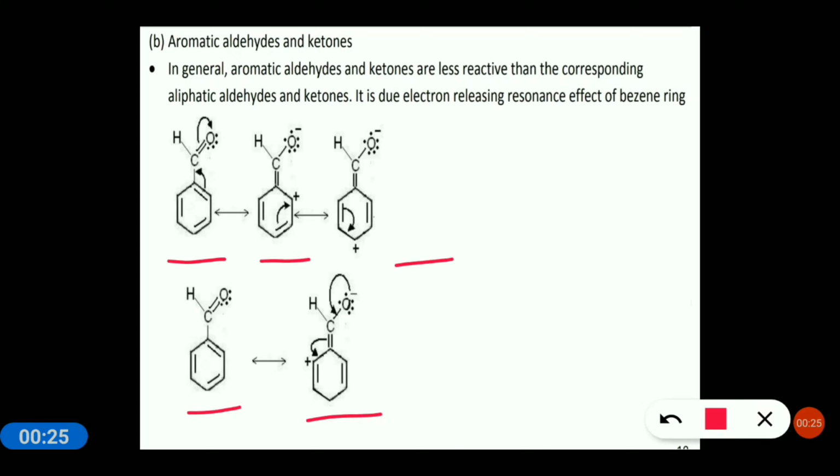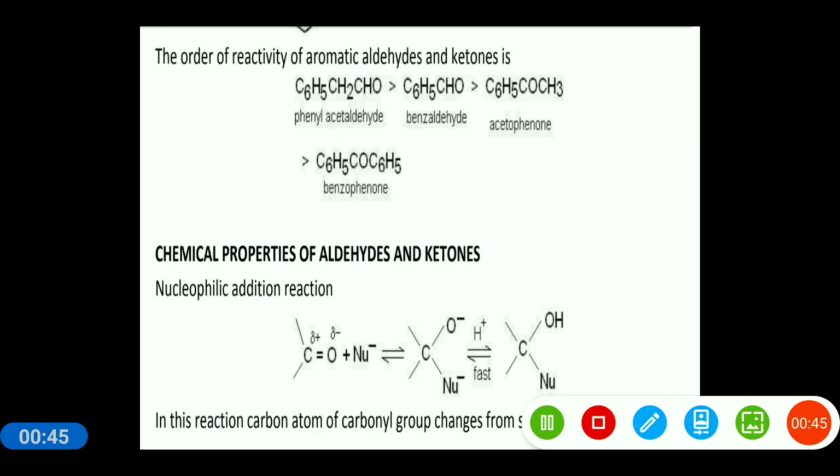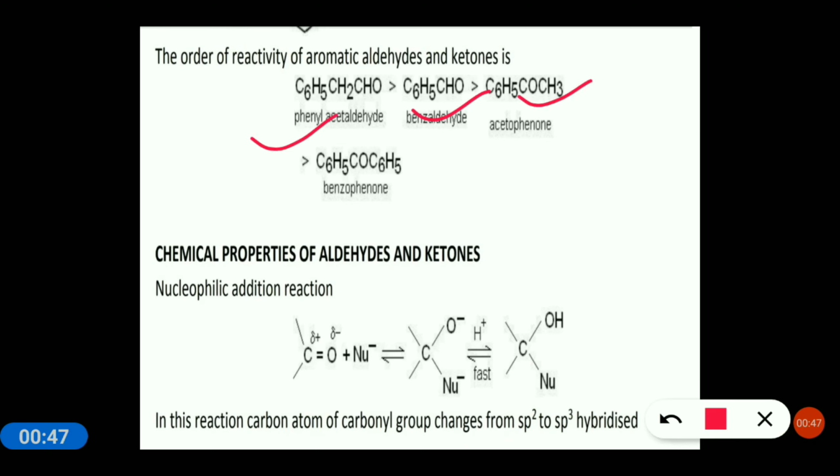You know all these delocalizations well. So because of the delocalization, aromatic aldehydes and ketones are more stable and less reactive. And the order of reactivity is: phenylacetaldehyde, benzaldehyde, acetophenone, benzophenone. So in this way you can compare the reactivity.